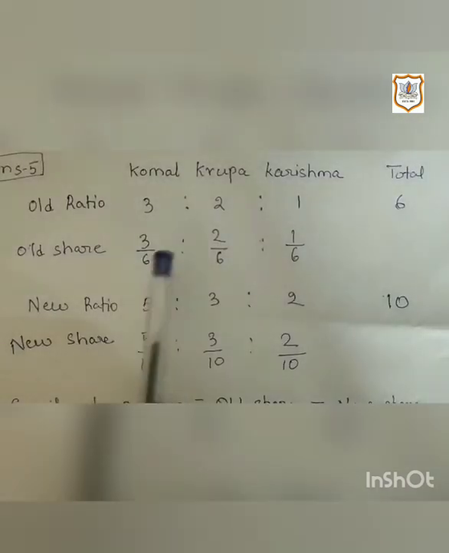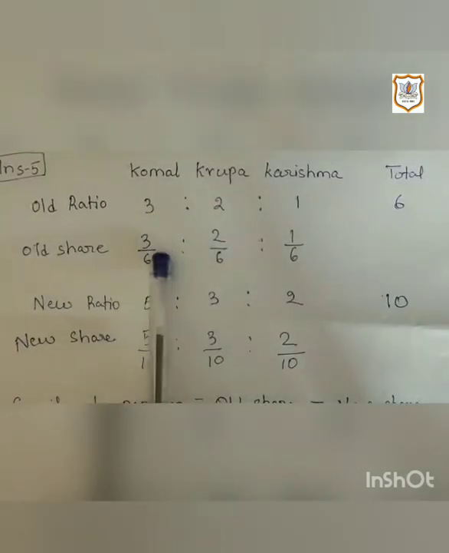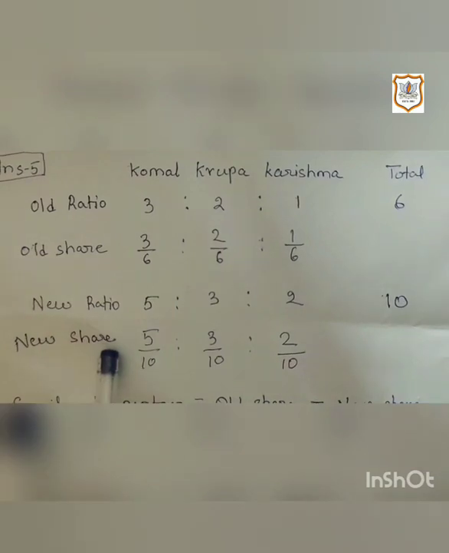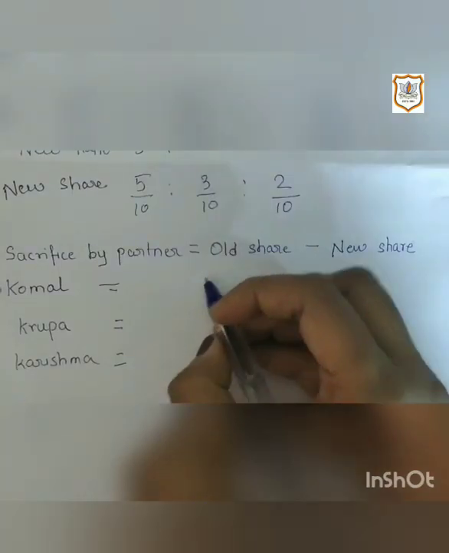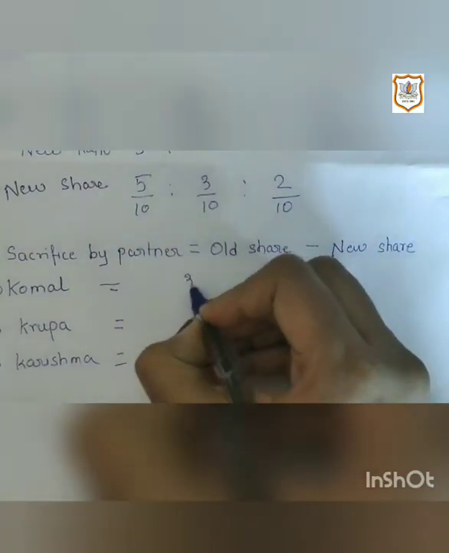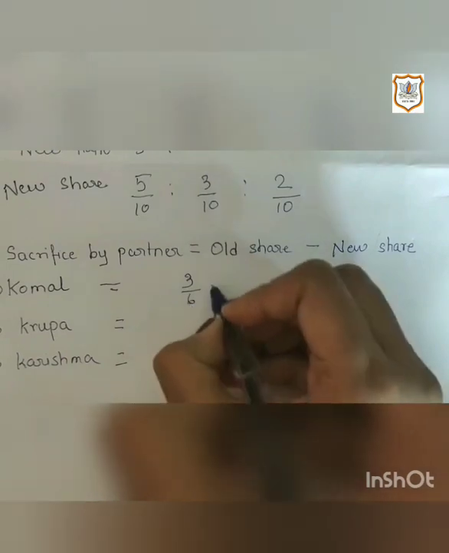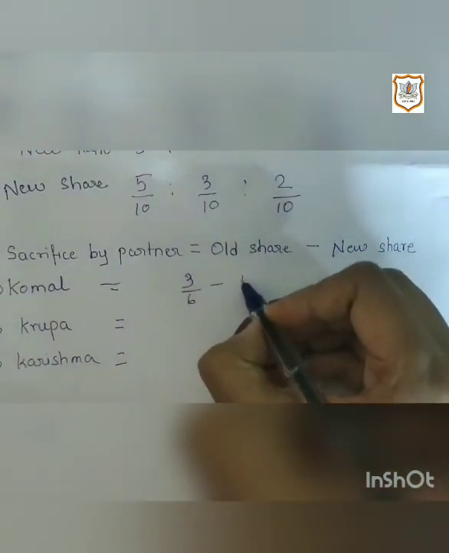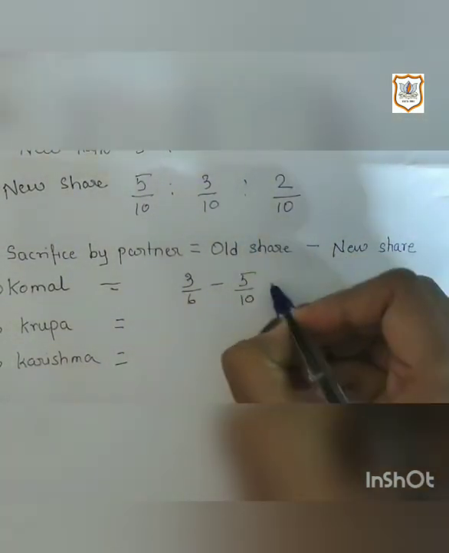Komal's old share is 3/6 and her new share is 5/10. So let's substitute the values: her old share 3/6 minus her new share 5/10.